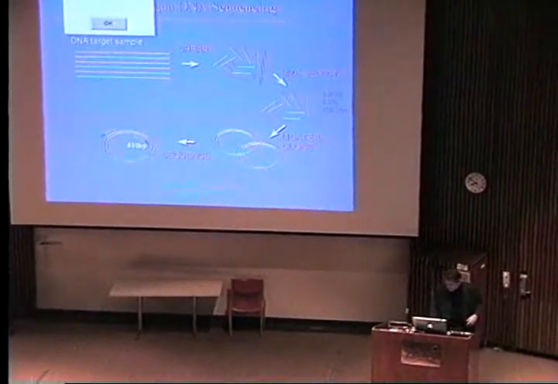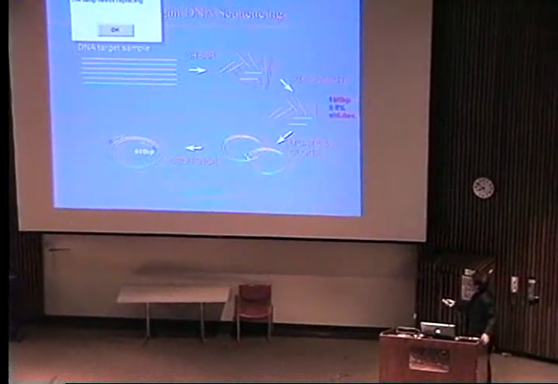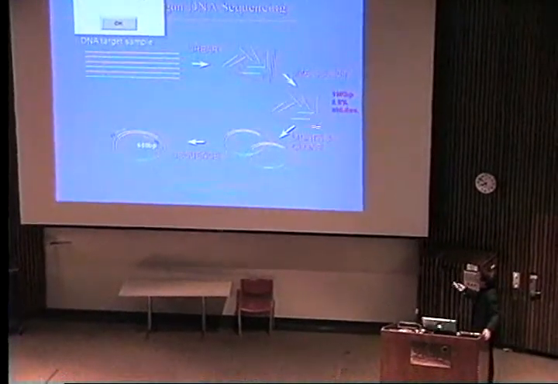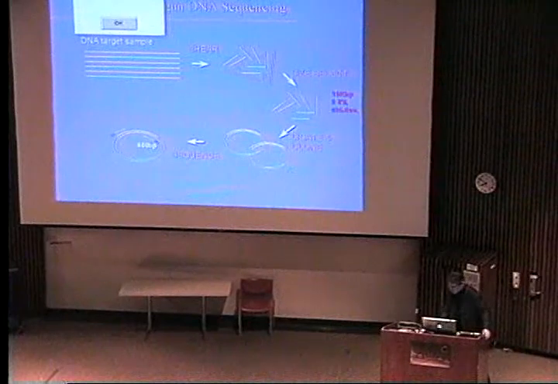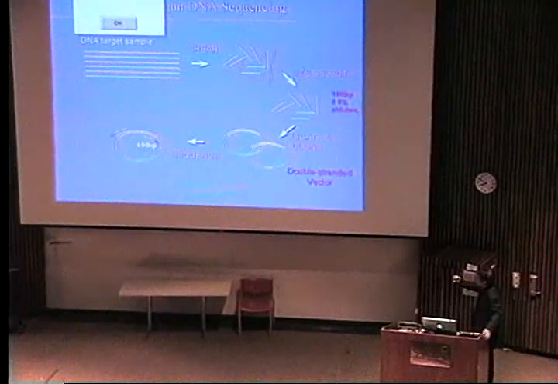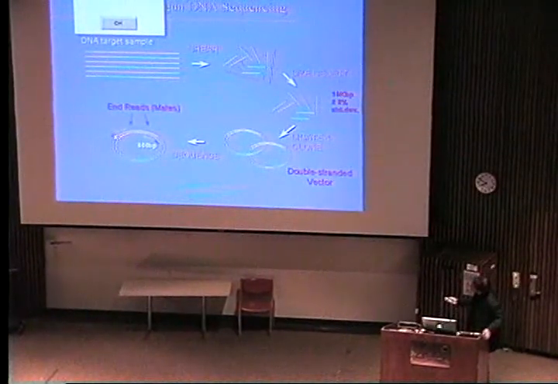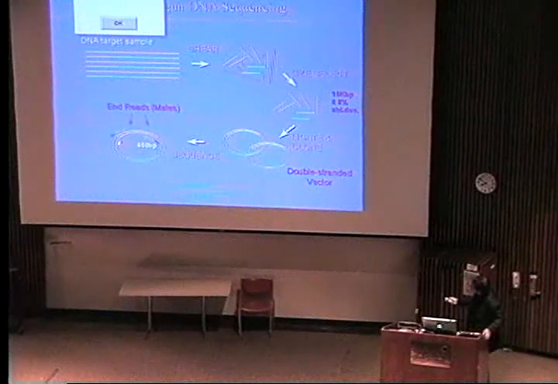What you do is you modify the protocol that I showed you the last time. In particular, we're going to take pieces that are a little bit bigger, say about 10 kb. We're going to use what's called a double-stranded vector. The DNA before was single-stranded; this vector is actually double-stranded DNA. The nice thing about that is that I can start a sequencing reaction from either end of the vector.